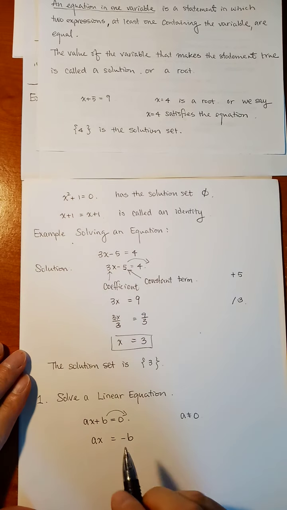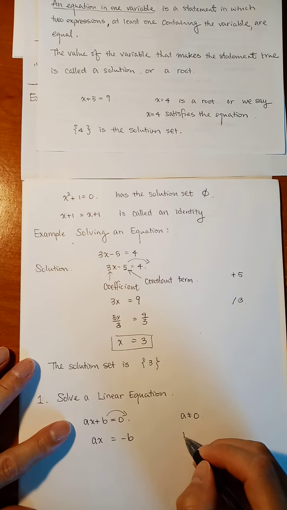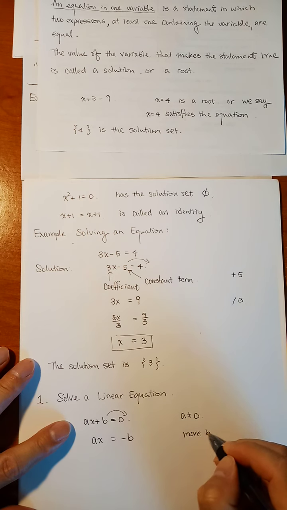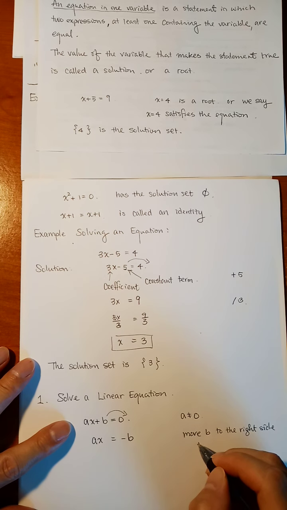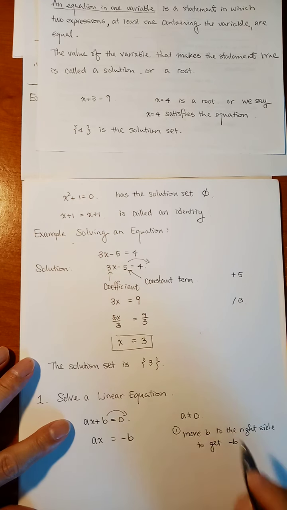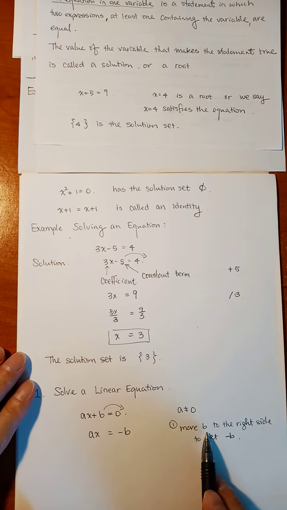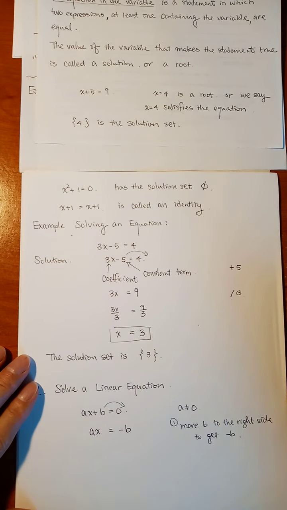The second way to explain it: I subtract b from two sides. So the first explanation, you can say I move b to the right side to get negative b. Whenever you cross the equal sign, you change the sign.